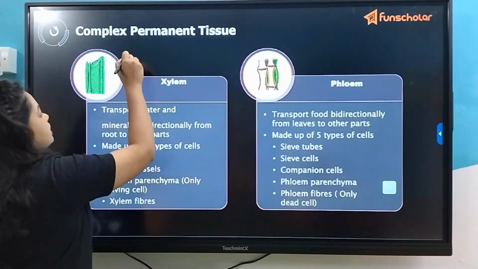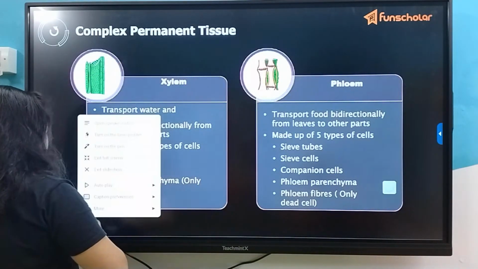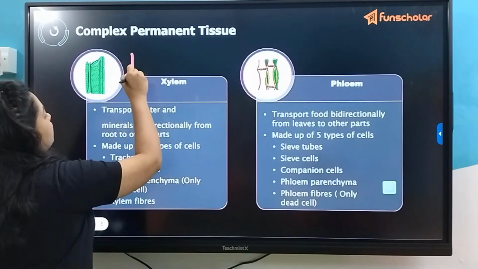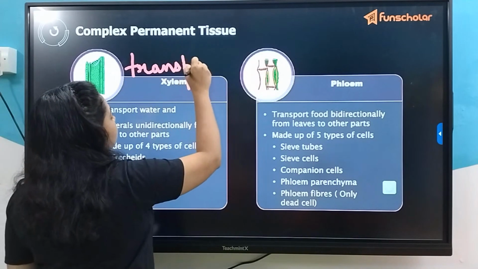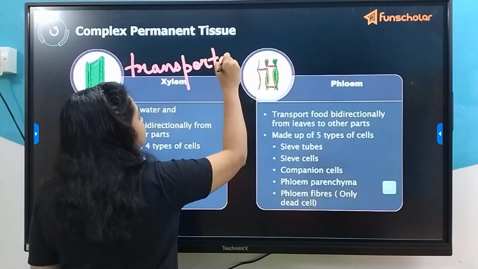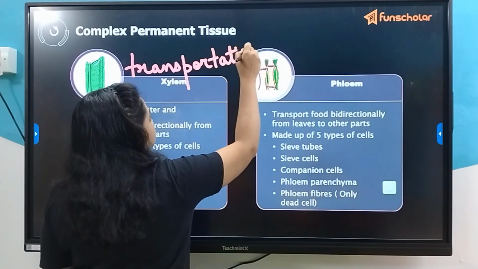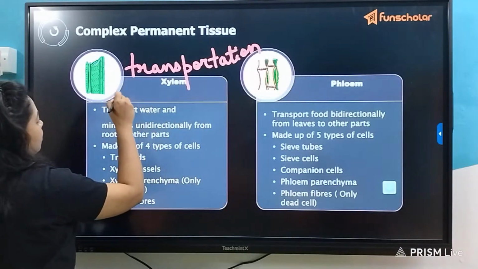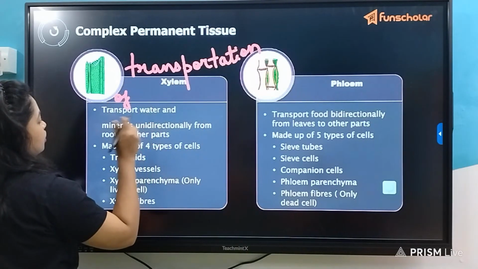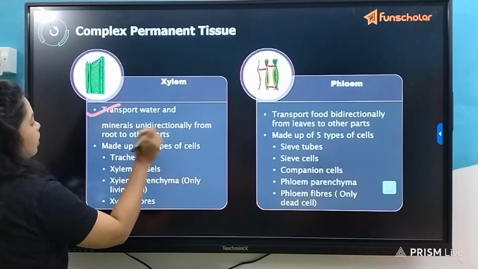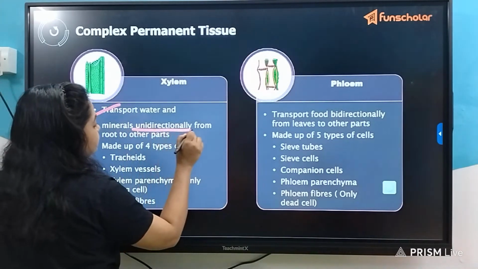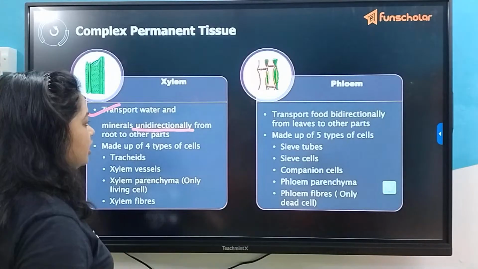So, xylem helps in transportation of water and minerals unidirectionally, that we will discuss now.